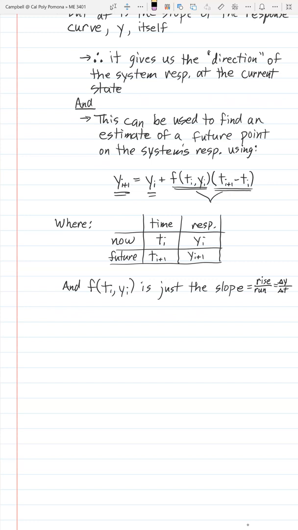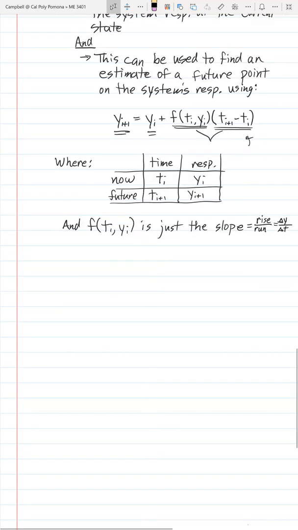And if you plugged that in right back up here, you would see that suddenly we would get yi plus 1 is equal to yi plus 1. Makes perfect sense, right?